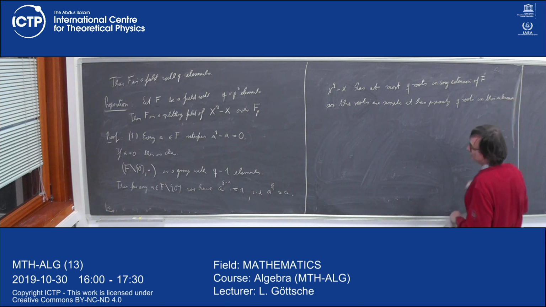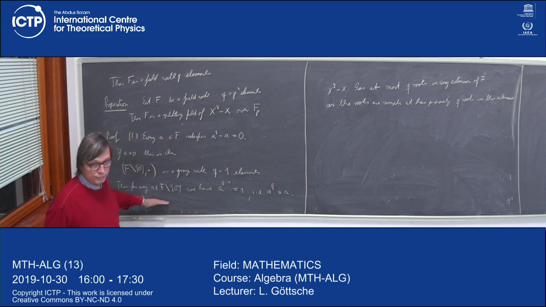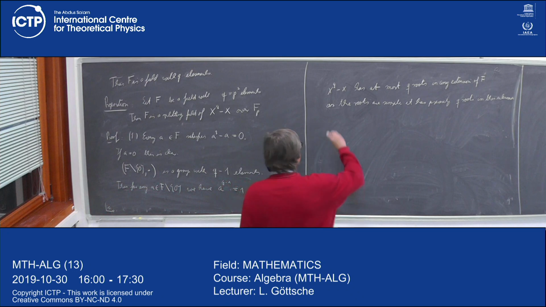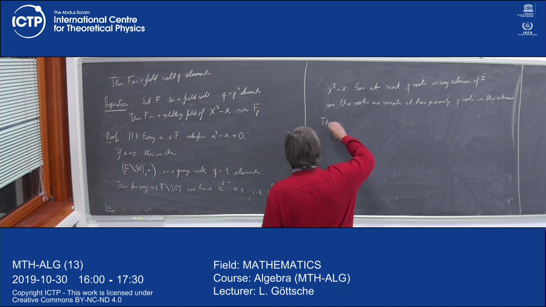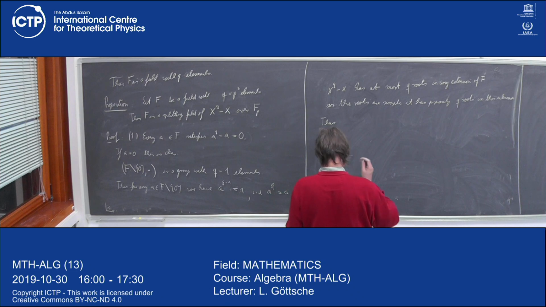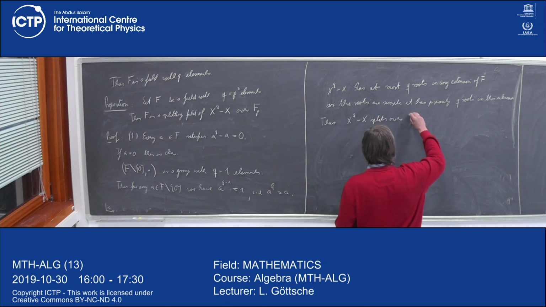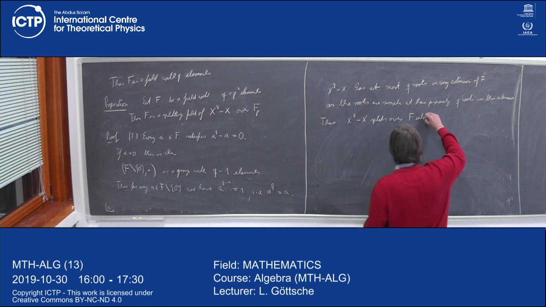But on the other hand, we see already it has precisely q zeros in F. So thus x to the q minus x splits over F into linear factors.